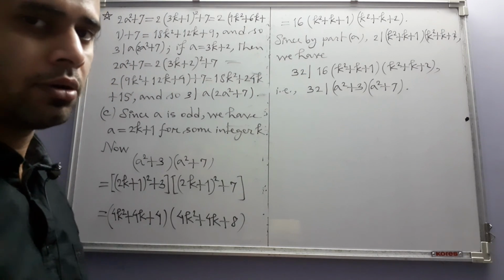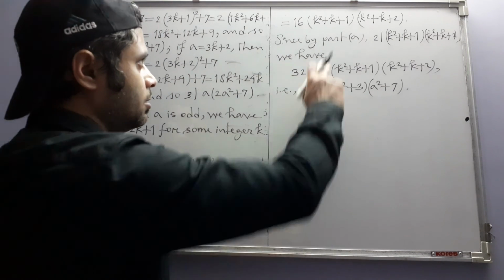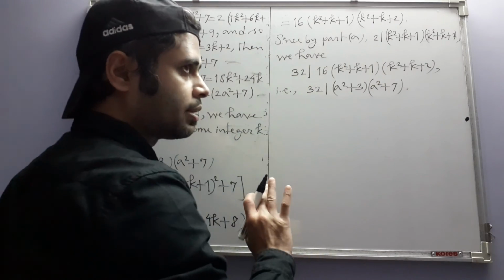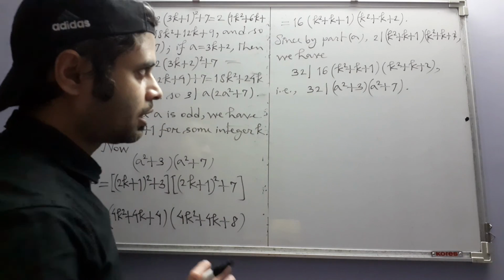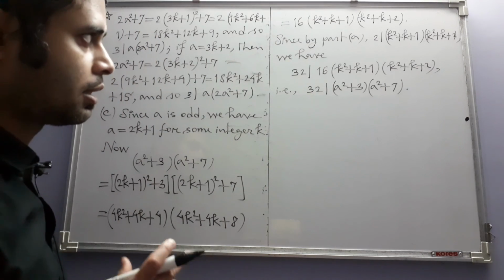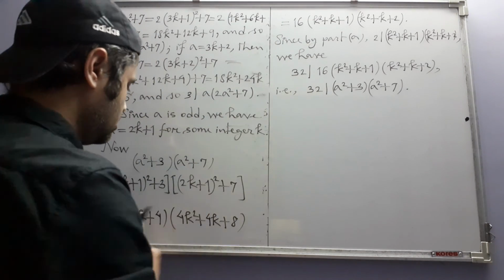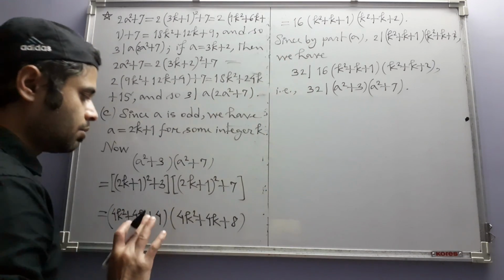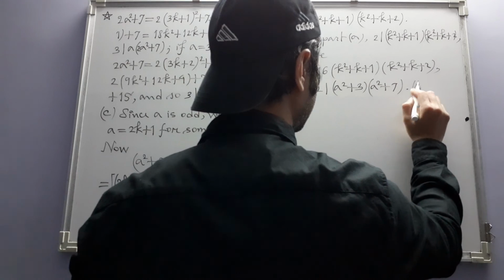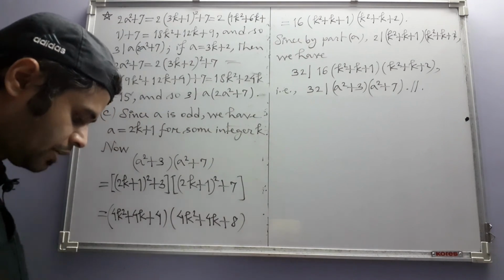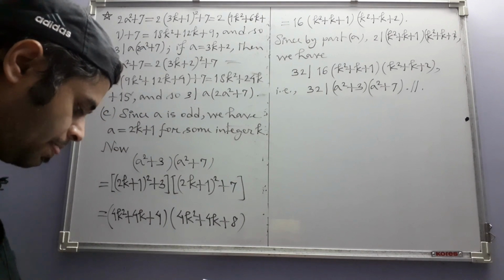The other will be odd, we don't bother about that. We will get another 2. So because of that, 16 times 2 will be 32. 32 times something, and that something is an integer. So this entire product is divisible by 32. So this completes the solution.